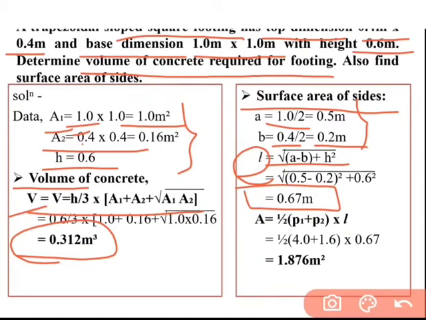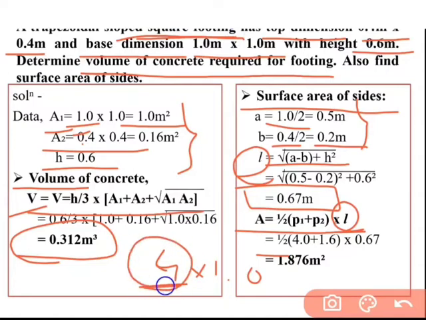So the surface area of the sides, the equation of surface area is equal to 1/2 (P1 plus P2) multiply slant height small l. So P1 is equal to 4 multiply 1.0, where 4 indicates the square footing, so the number of sides of square footing is 4.